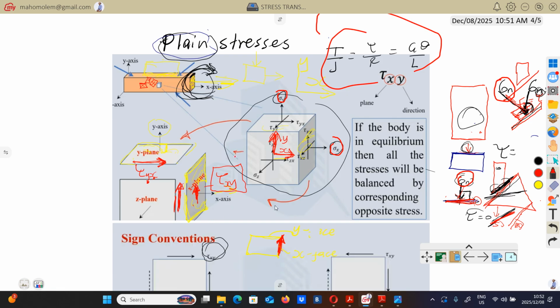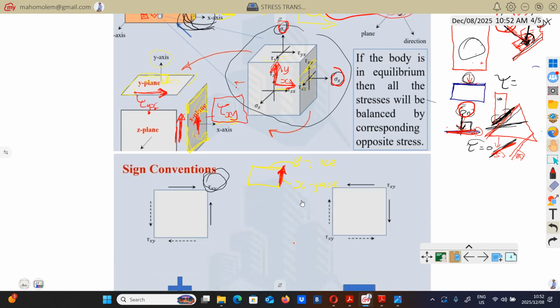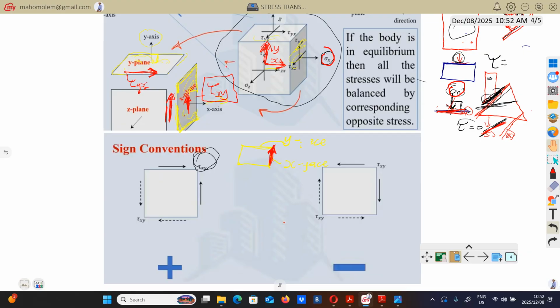So now this stress sometimes is going to be positive, sometimes it's going to be negative. So the direction will depend on this. We're going to have clockwise and anti-clockwise. Let's check here.